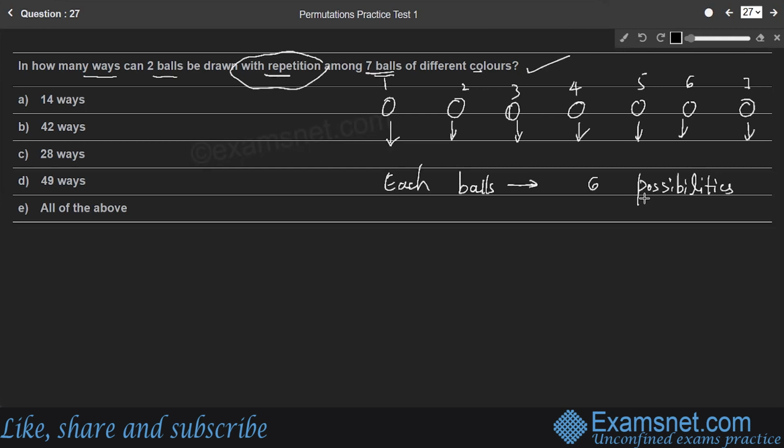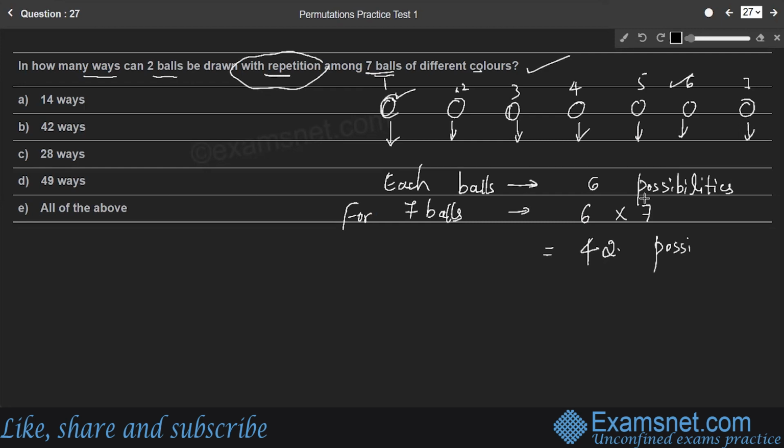Therefore, for 7 balls, for each ball 6 possibilities, there are 42 possibilities of drawing 2 balls. With repetition means you can draw the first and second, or in another case, you can draw the first and sixth also.